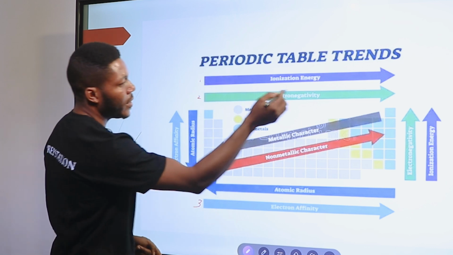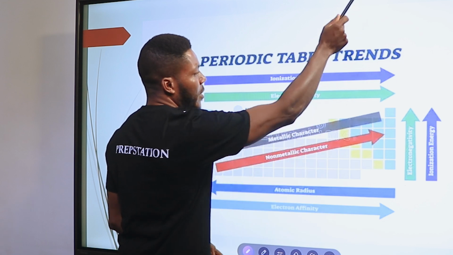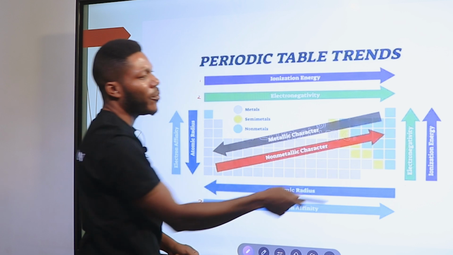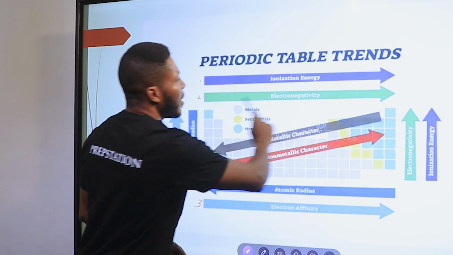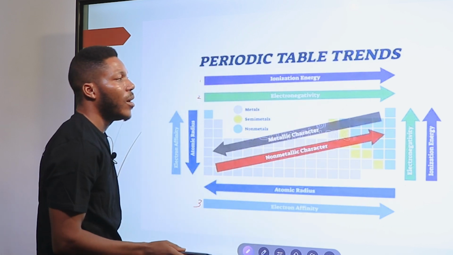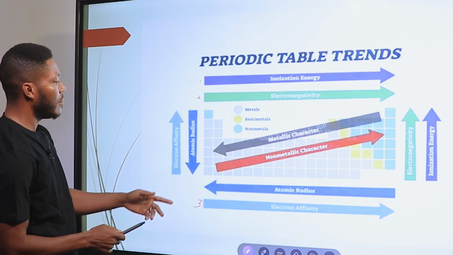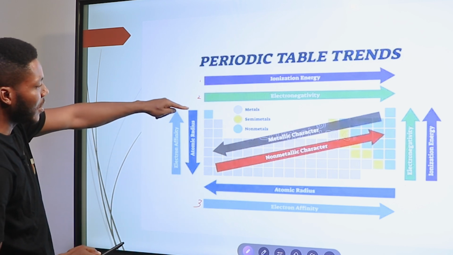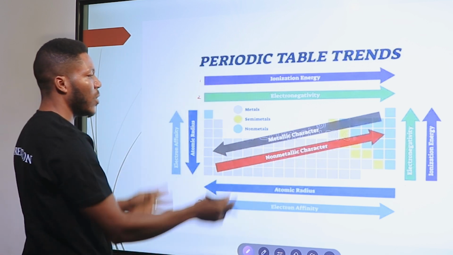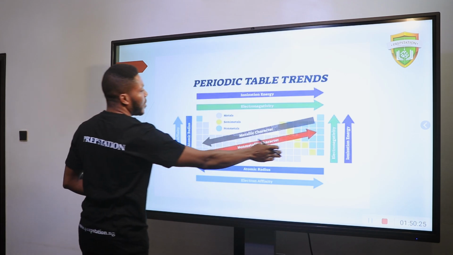And from bottom to up, they are also increasing. In other words, they increase across the period but decrease down the group. Because they increase across and also increase to the top, it means they are decreasing down the group while increasing across the period. Same thing with atomic radii: you can see they decrease across the period but increase down the group. So this picture illustrates all the trends in the periodic table.